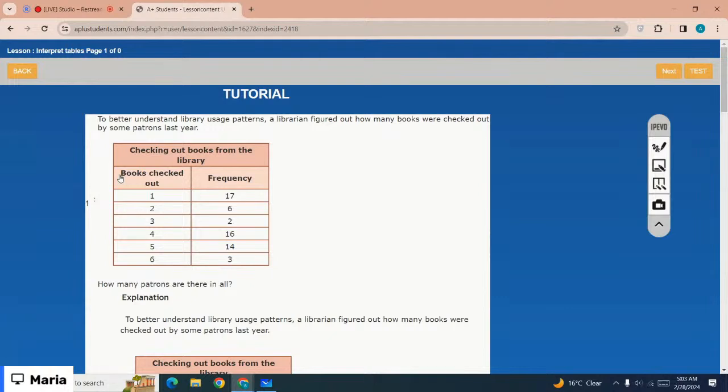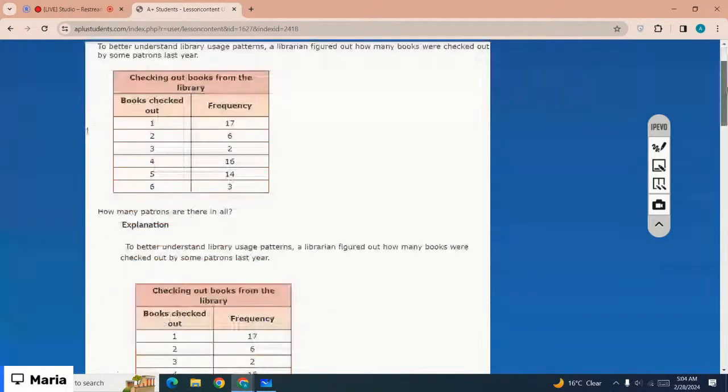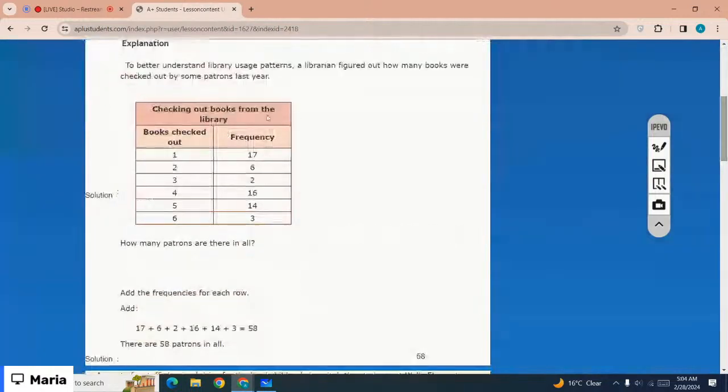One of them is books checked out and the second one is frequency, right? Frequency is the value, these are the patrons, you need to count them. You have to add this row: 17 plus 6 plus 2 plus 16 plus 14 plus 3. That means there are 58 patrons in all. The correct option is 58, right?